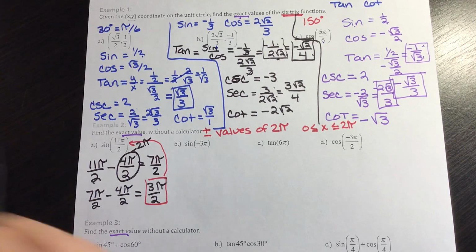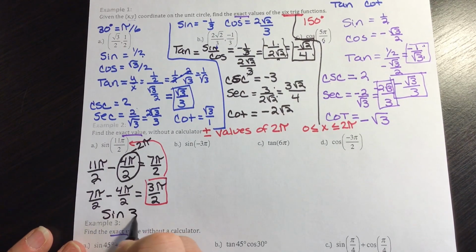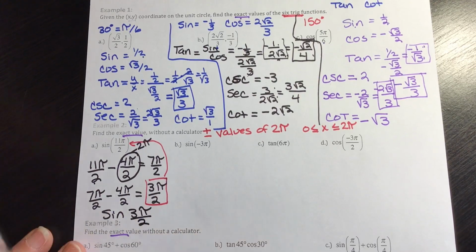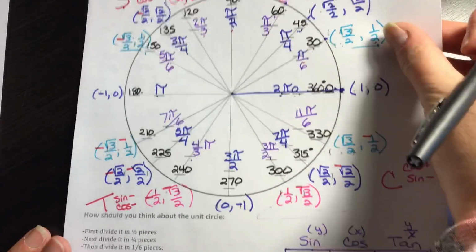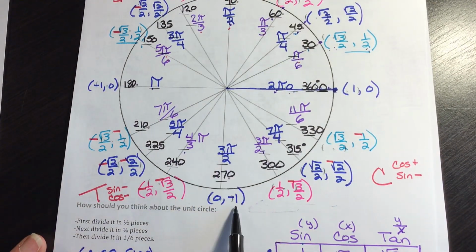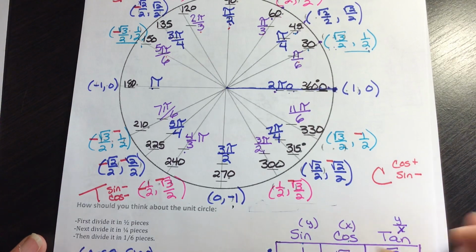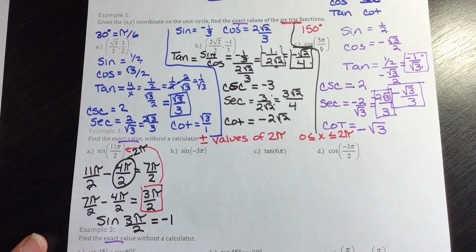So now we want to find sine of 3 pi over 2. I'll bring in the unit circle. 3 pi over 2 is right here, and the sine value is the y-coordinate, which is -1. So sine of 3 pi over 2 is -1.